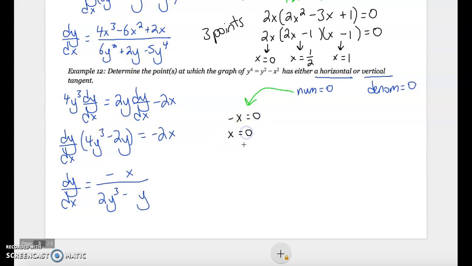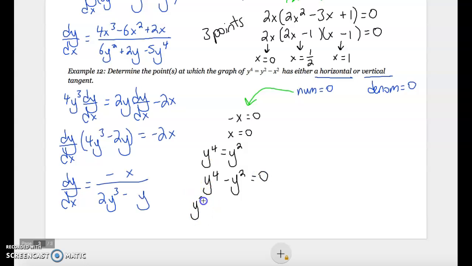So x equals 0 would produce a horizontal tangent line, but we're trying to find points. So if I'm trying to find the point where I have a horizontal tangent line, I have to use my x value and plug it back into my original equation. If I have x, that's how you find y. So if I do that, I'll get y to the 4th equals y squared minus 0 squared, which is just 0. And so then technically you should get y to the 4th minus y squared equals 0.